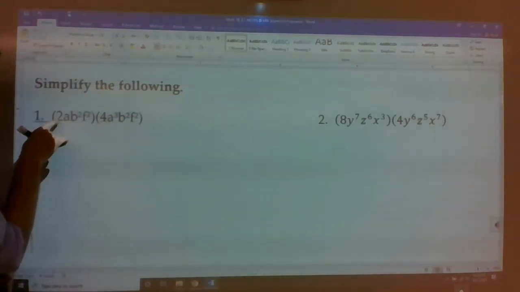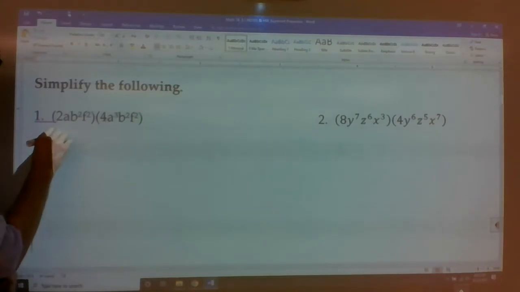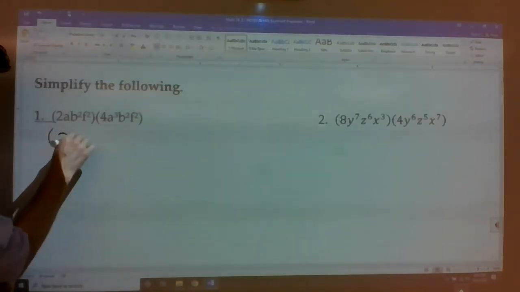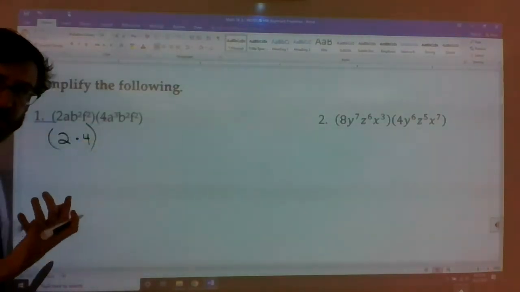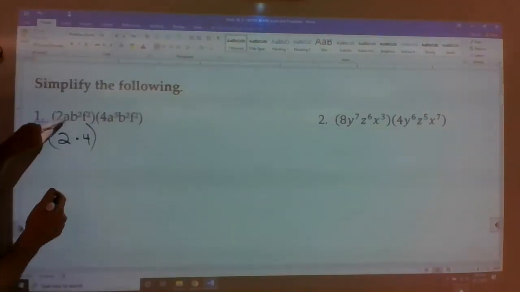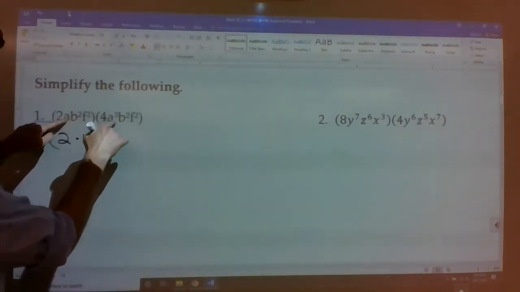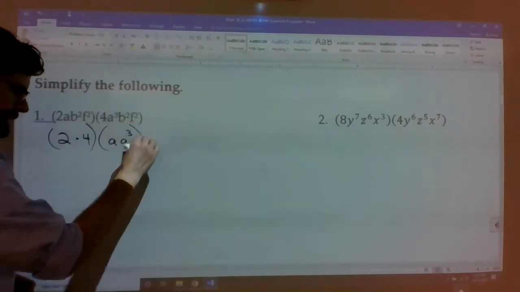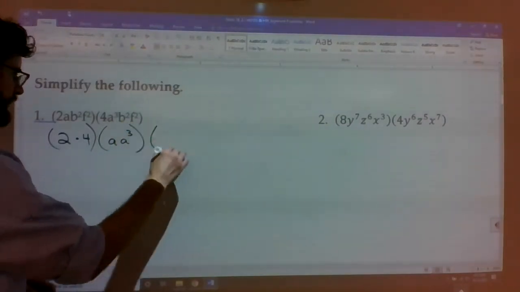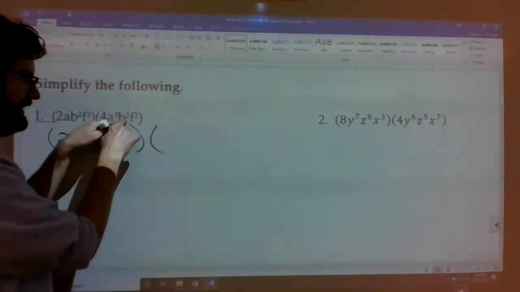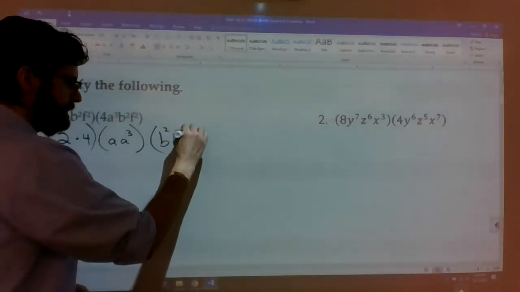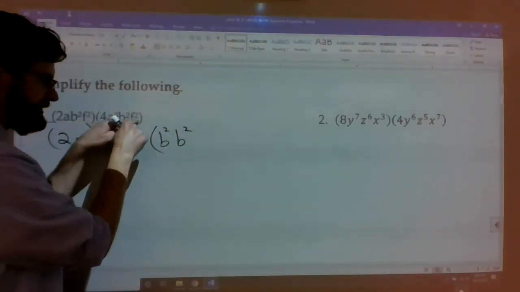I'm going to try to get the 2 with the 4. And I can do that because of the commutative property. I'm going to get this a term with this a cubed term. Again, commutative property, I'm going to get b squared with b squared, and then f to the 2 times f to the 2.